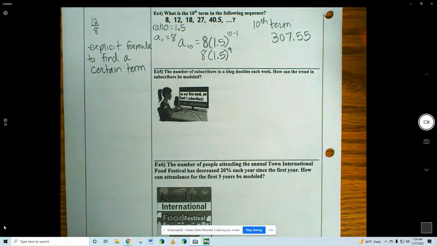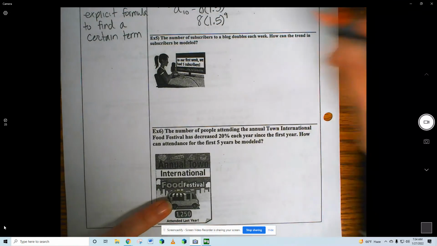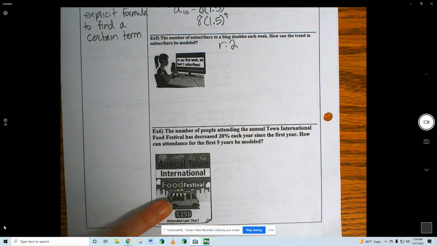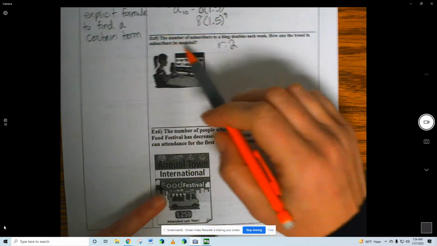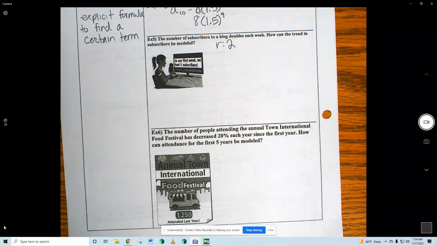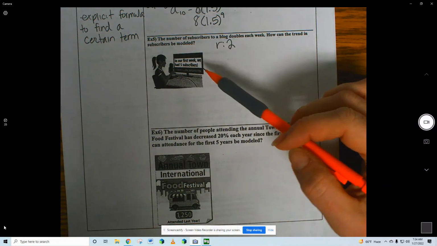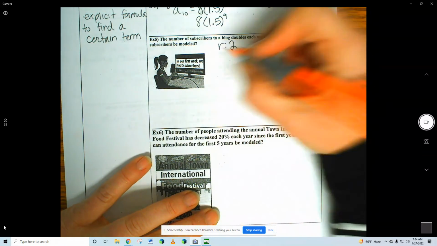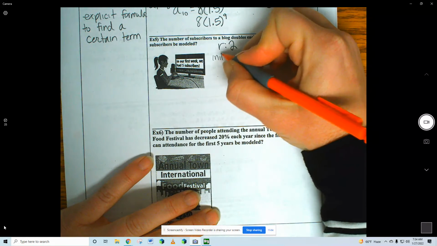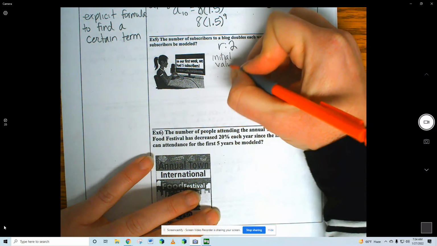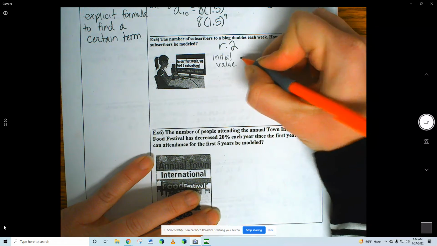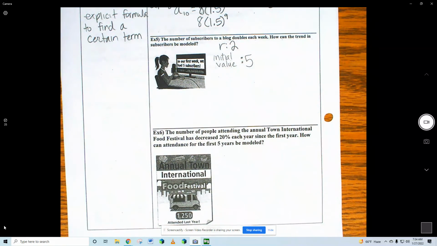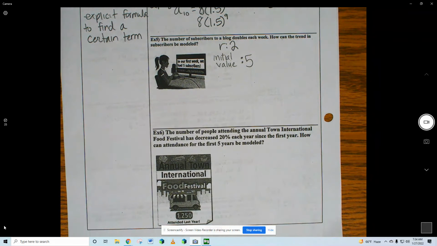The number of subscribers to a blog doubles each week. Oh, my common ratio is 2, doubles. How can the trend in subscribers be modeled? Well, what does this screen say? In our first week, we had 5 subscribers. That would be our initial value. We did it as the y-intercept when we graphed it. They had 5 subscribers and it doubles each week. I'm going to write this.